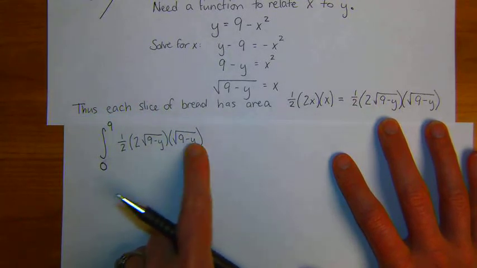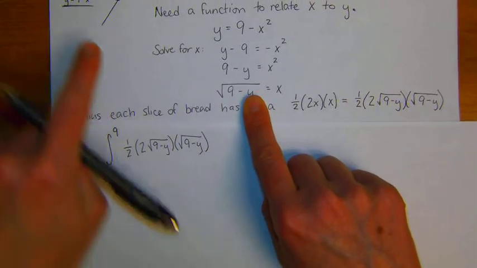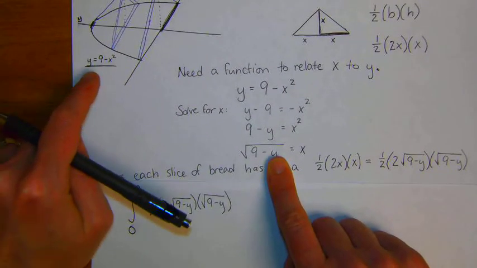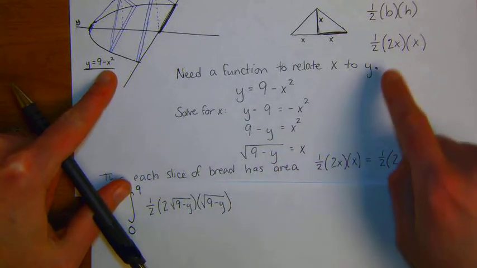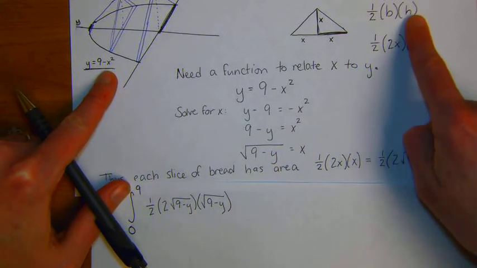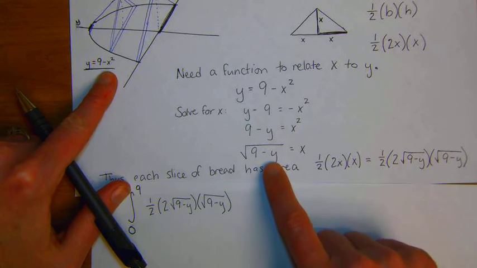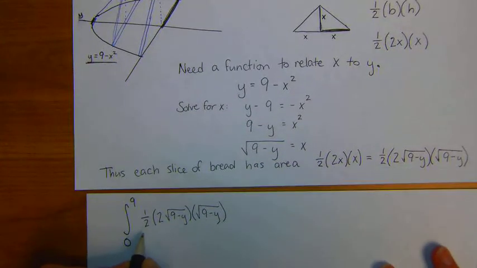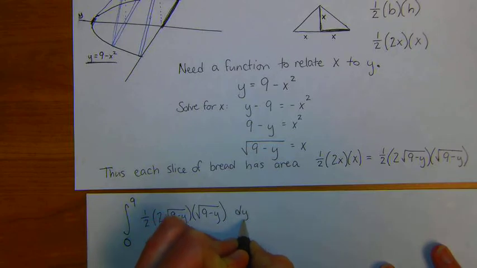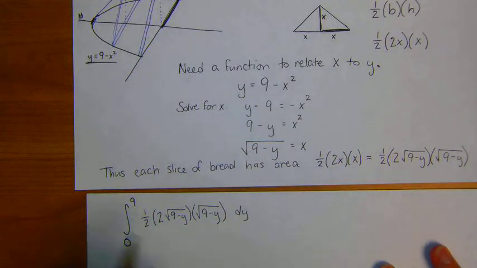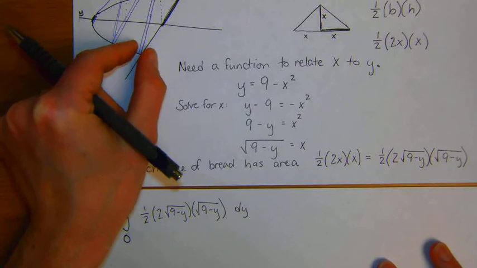Again, where did this square root of 9 minus y come from? That's the formula given in the problem that relates x's and y's, and we needed to rewrite 1/2 base times height of each triangle in terms of y. So this is the area of each slice of bread, and our differential dy tells you the width of each slice of bread to get the total volume.